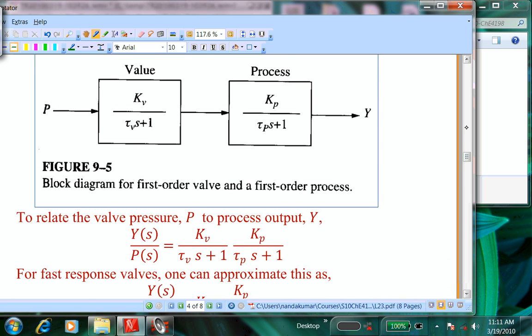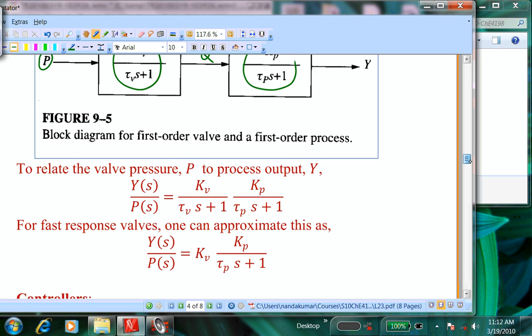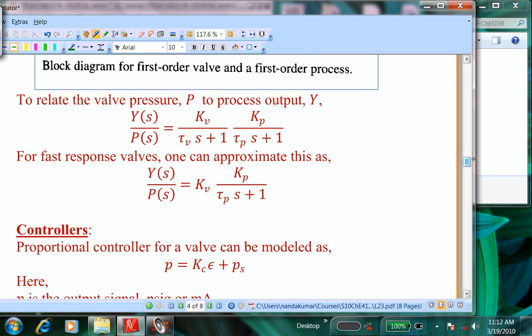This would be a typical process flow diagram where you have the transfer function for the valve and the transfer function for the process. The input signal is P, here you will have Q, and here you will have Y. The gain for each block takes care of the differences in units between input and output.